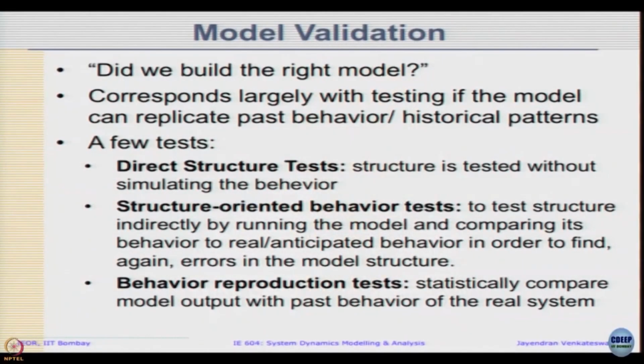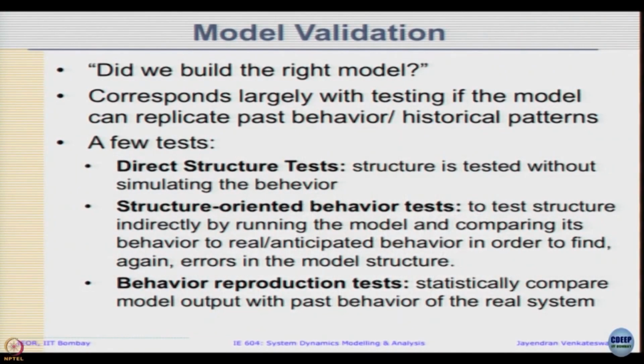Now, the first test that we can try is something called a direct structure test. In this, we are just going to observe the model structure that we have built, without simulating the behavior, and see whether the structure makes sense. Second one is the structure oriented behavior test. With our understanding of structure, if we make some basic simulations, does the behavior mimic the structure that we expect? Suppose we have a positive feedback loop only, then we can expect exponential growth. Is that really happening?